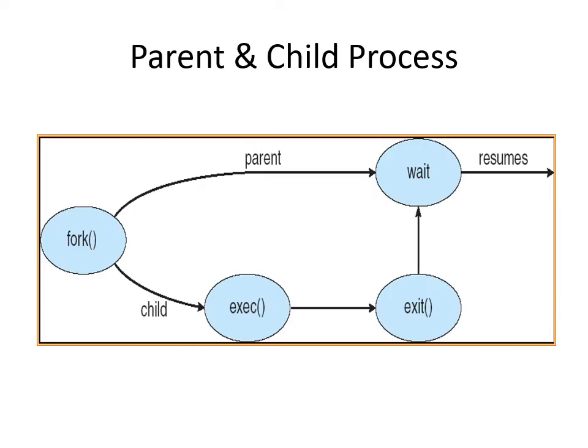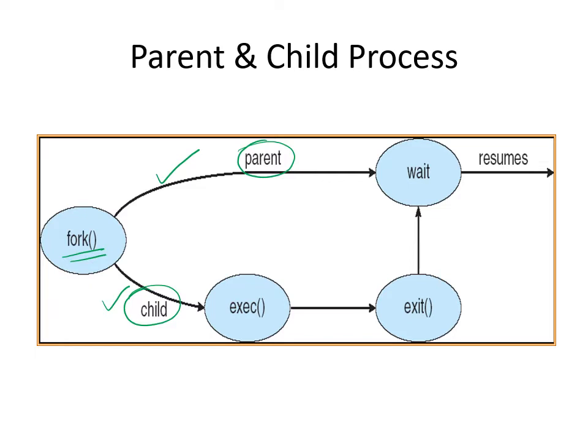This picture over here illustrates one possible execution flow of a parent and child processes after the fork system call. Now this particular example assumes that the parent will wait for the child to finish before continuing. The top branch here represents the parent's execution flow, and the bottom branch represents the child flow.